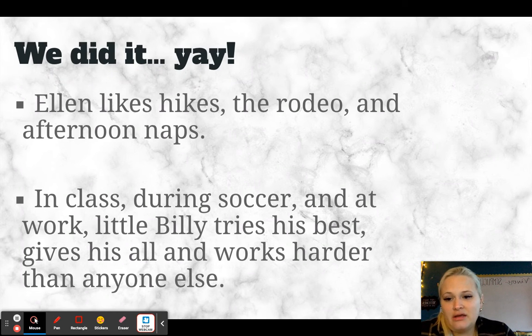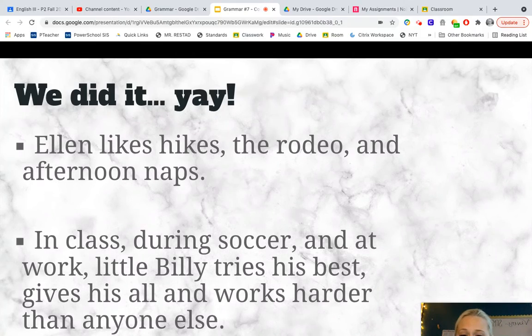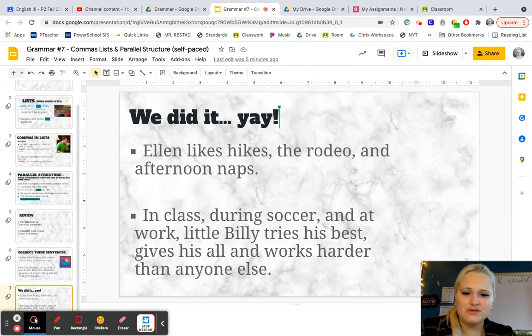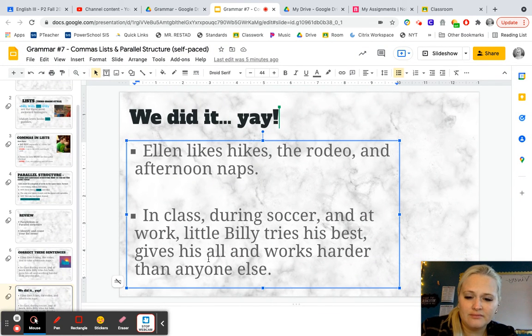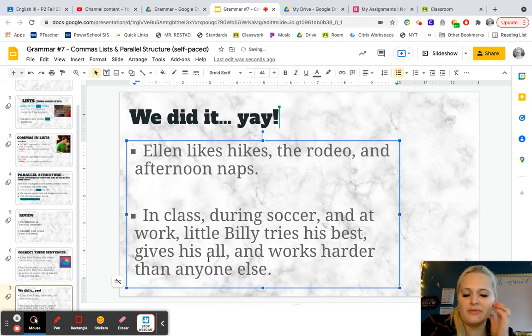The second one, okay, so kind of tricked you here. There's a list of three at the beginning as your introduction. So, "In class, during soccer, and at work, little Billy tries his best, gives his all, and works harder than anyone else." All right? Actually, I need to add another comma there.